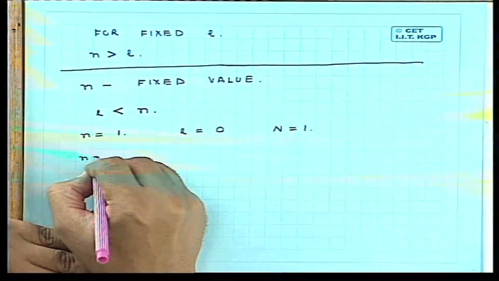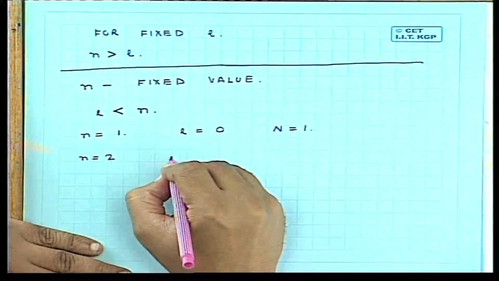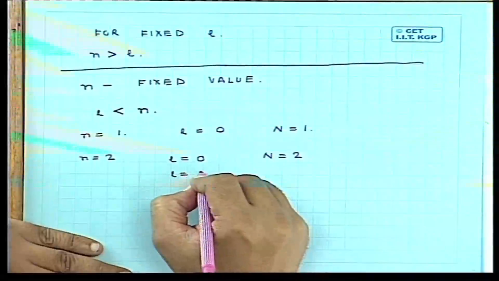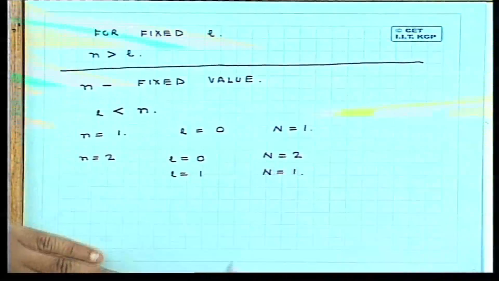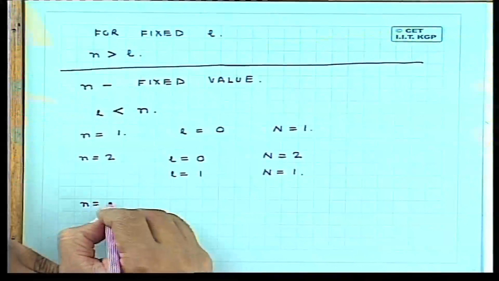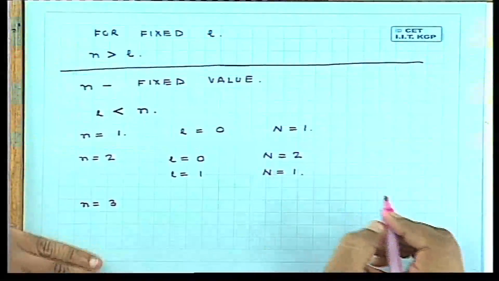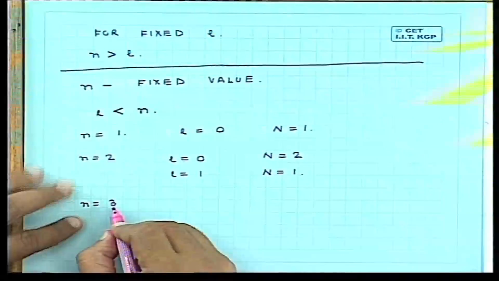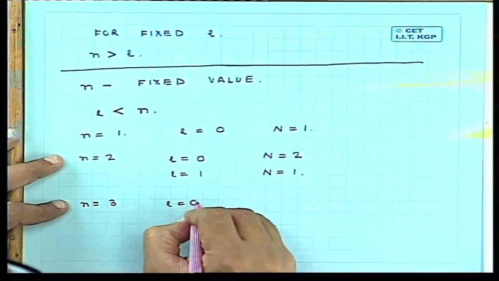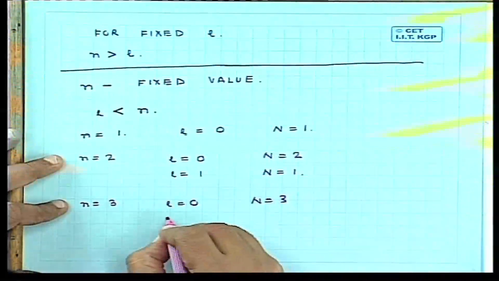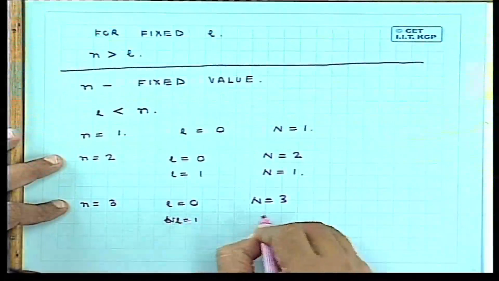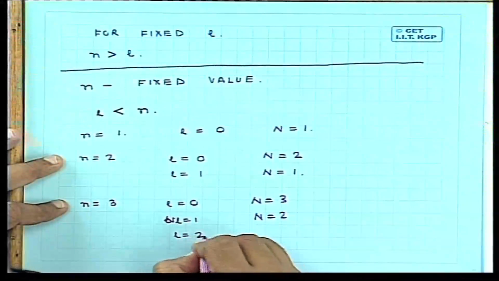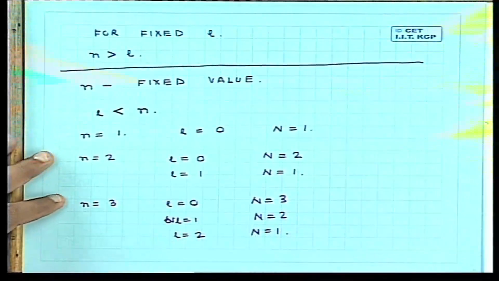If n is equal to 2, then I have two possibilities: L equal to 0, capital N equal to 2, or L equal to 1, capital N equal to 1. If n is equal to 3, then I have L equal to 0, capital N equal to 3; L equal to 1; and L equal to 2, capital N equal to 1, etc.